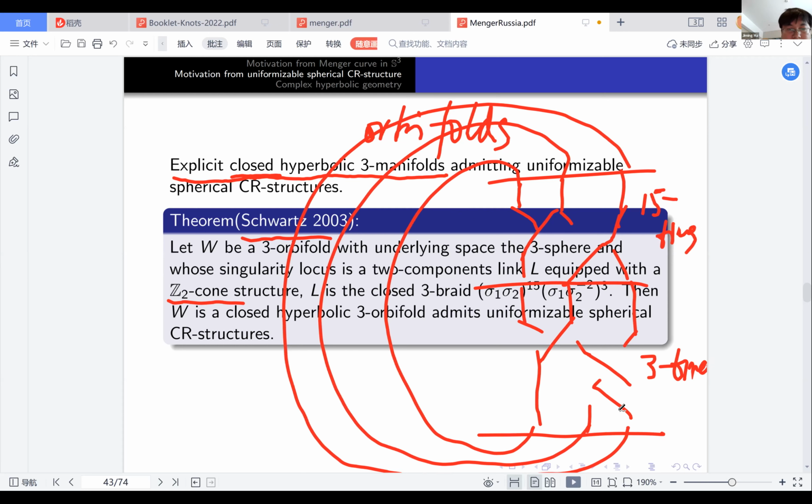Then we also have the G2 co-structure, right? G2. In fact, it just has two components. Then Richard Schwartz showed this closed hyperbolic 3-orbifold also admits uniformizable spherical CR structures. And this is in fact the first example of a closed hyperbolic 3-manifold with uniformizable spherical CR structures.